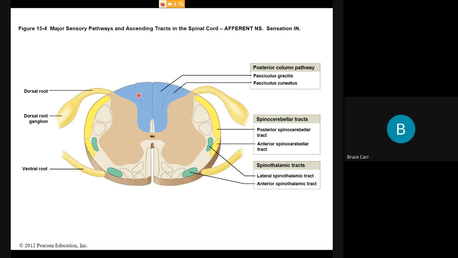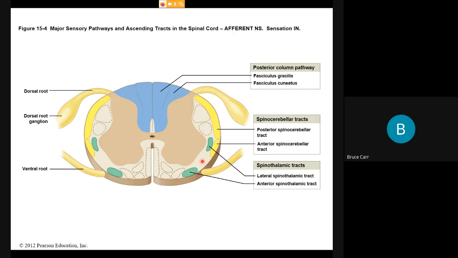The posterior column is shown in blue, the spinocerebellar tracts in yellow, obviously connecting the spinal cord to the cerebellum, and the spinothalamic tracts in green. These are white column associations in the left and right side in symmetrical arrangement. They are for the fast transmission of sensory information up to the brain.